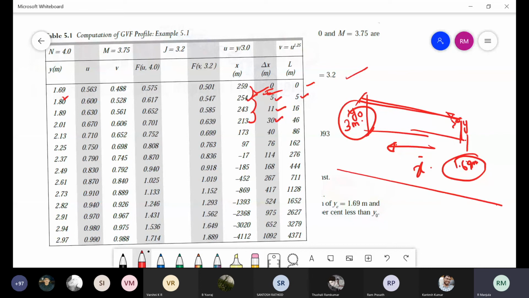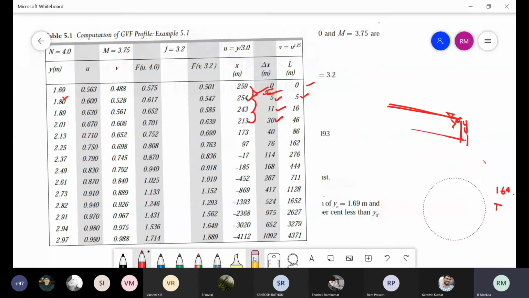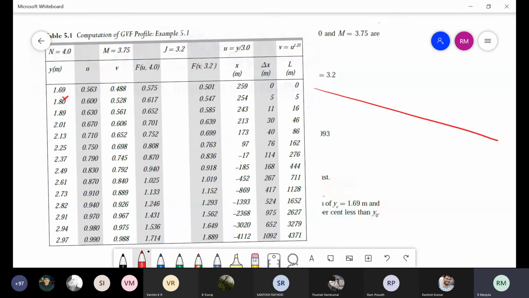So I can say here 1.69 meter, and maybe somewhere here it is 3 meter normal depth. So from 1.69 to 1.8 meter, when it is 1.8 meter, the length is 5 meter.